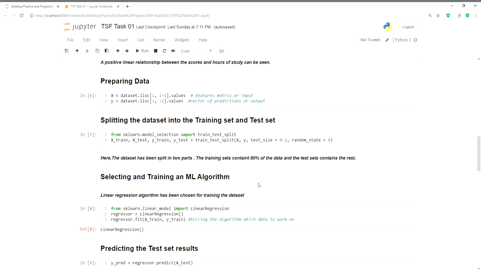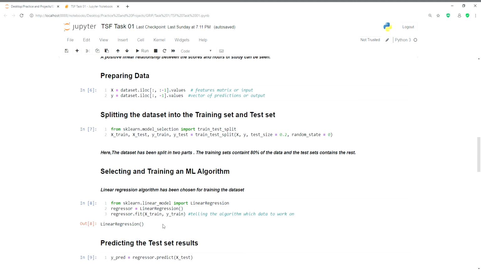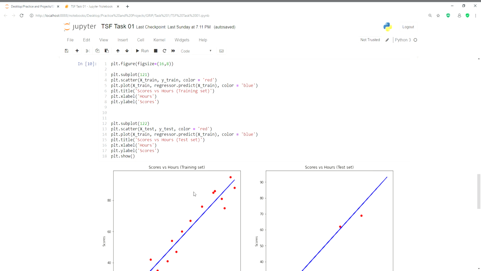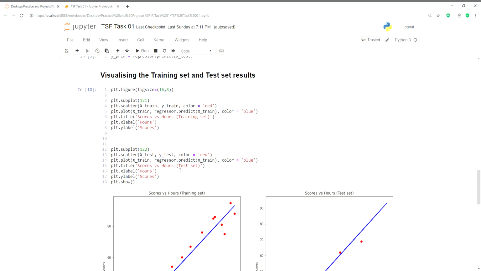After that, I have selected the linear regression algorithm and trained the model on the training sets. After that, I have predicted the data based on the X test sets. Then I have plotted the training set and test set results.